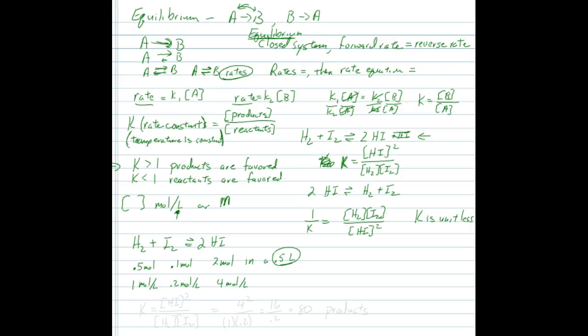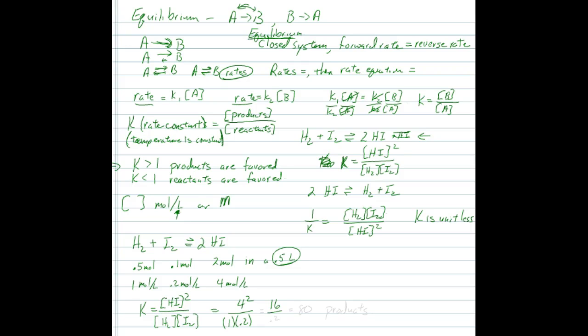And now you plug it into the equilibrium expression, products over reactants. So it's 4 squared over 1 times 0.2.